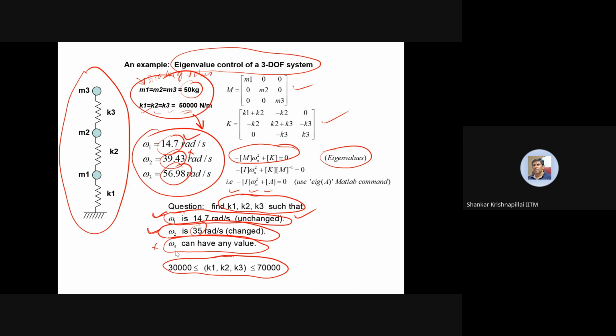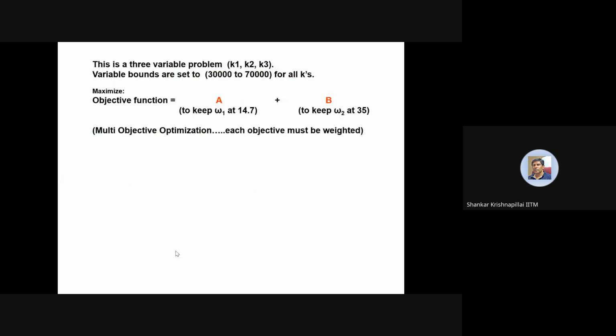So how is this done with genetic algorithm? This is a 3 variable problem. So design variables are 3, K1, K2, K3, like X, Y, Z. Each of them has the same search range, that is 30,000 to 70,000. Then you have to write the objective function for maximization.